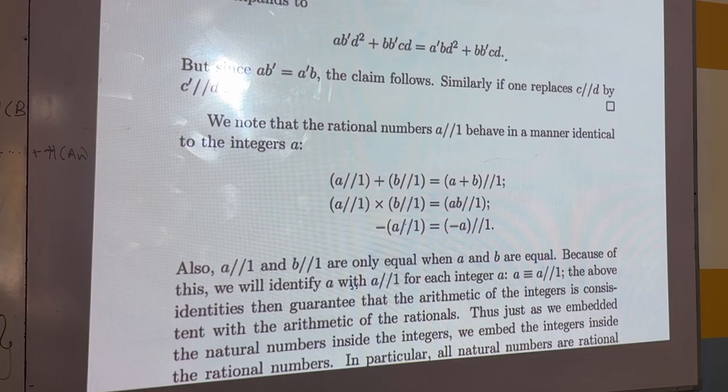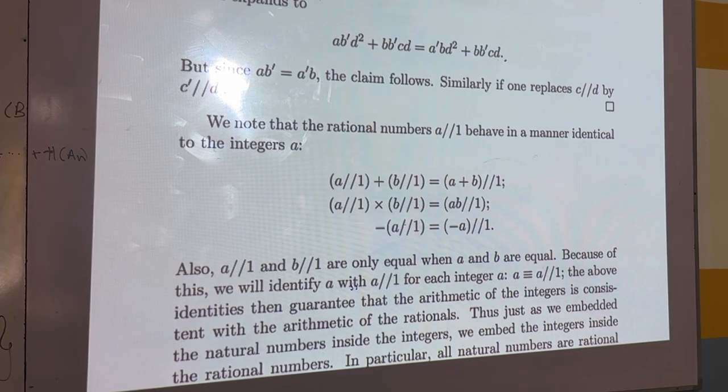Over there we identified n with n minus 0. Here we are identifying a with a//1 for each integer a. So he is identifying here. Now he says n, he is identifying with a divided by 1. The above identities then guarantee that arithmetic of the integers is consistent with the arithmetic of rationals.